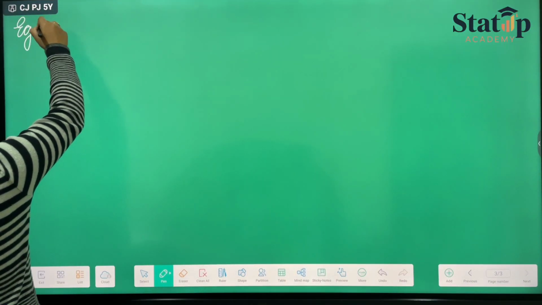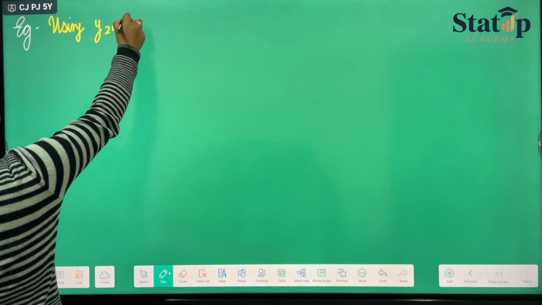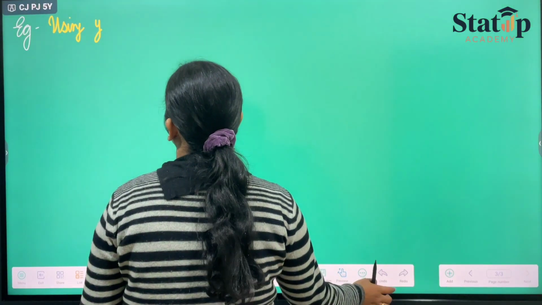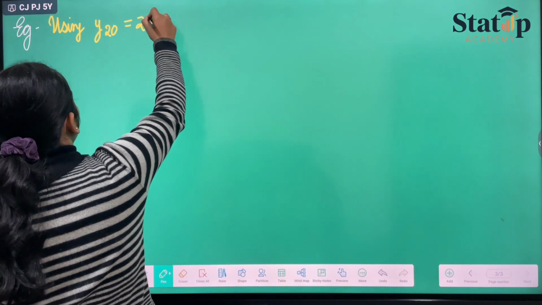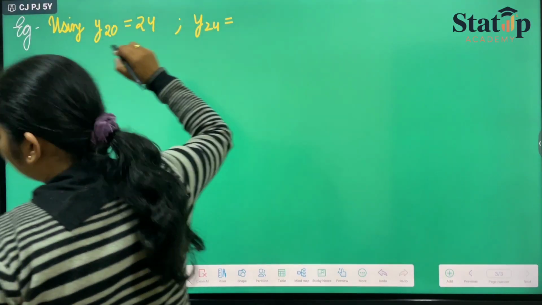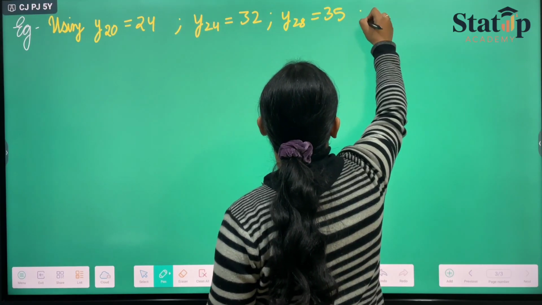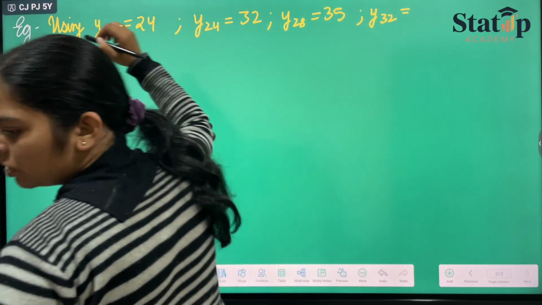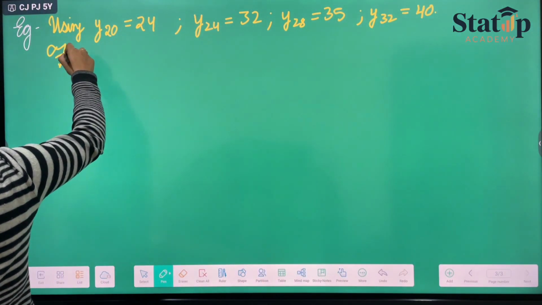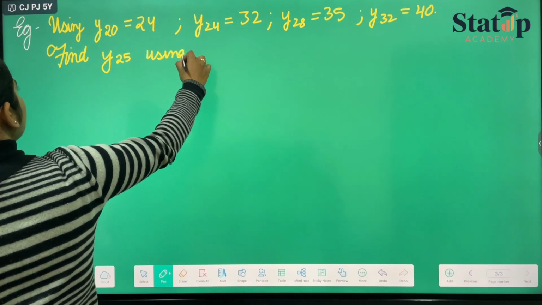The question says: using y20 equals 24, y24 equals 32, y28 equals 35, and y32 equals 40, we have to find y25 using Bessel's formula.